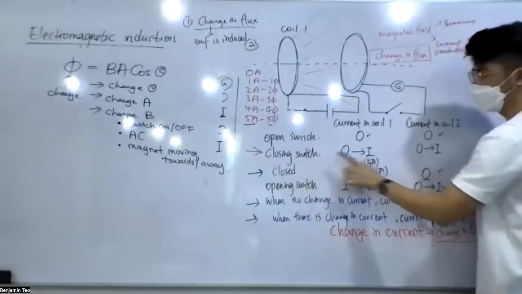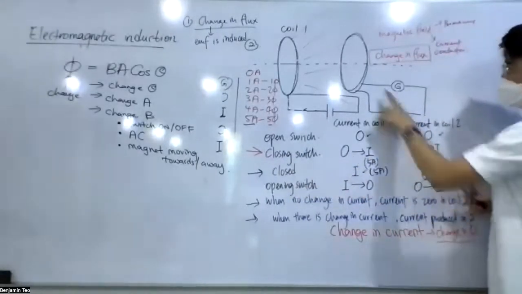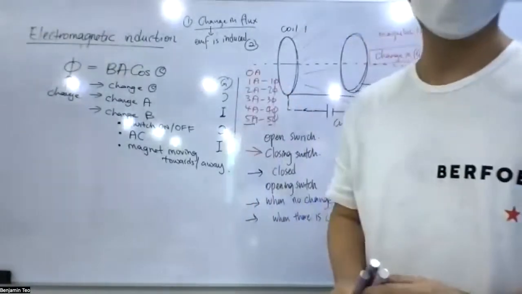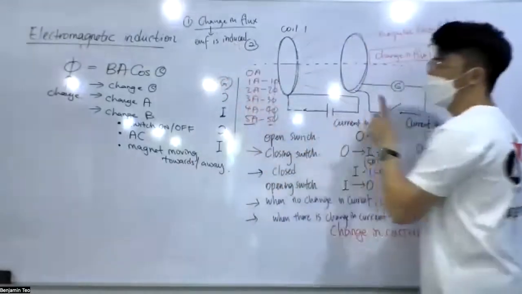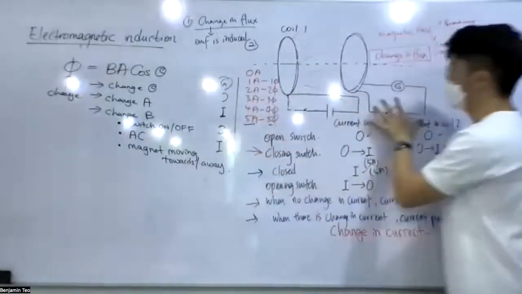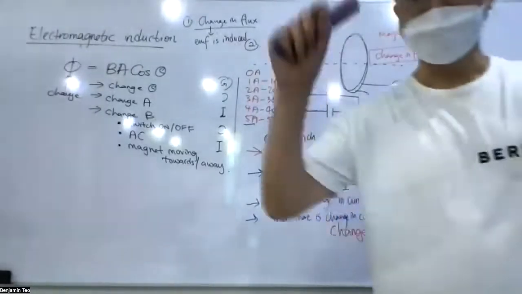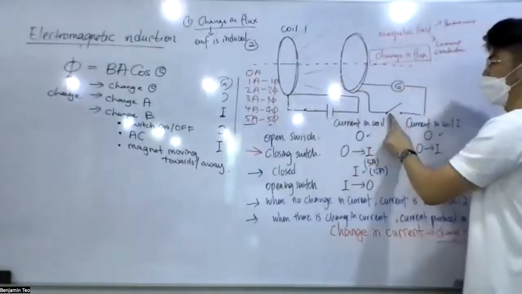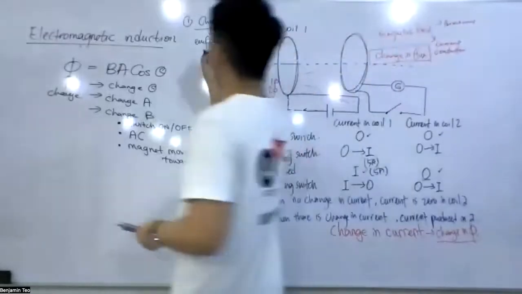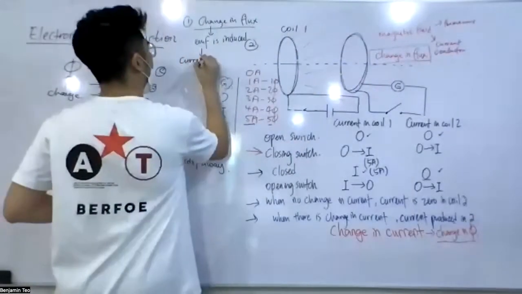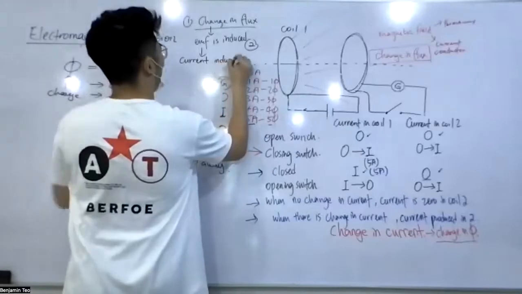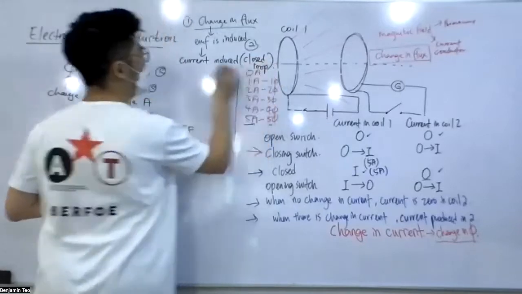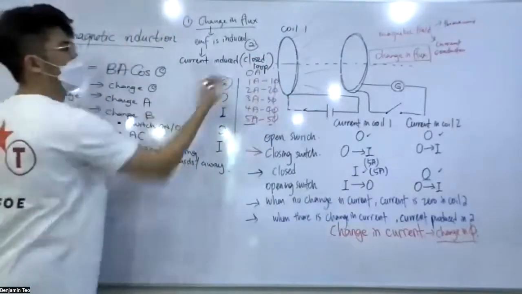When you close the switch, there's change in current, but still current is not produced in this circuit because you have an open circuit. So it must be a closed circuit. EMF is induced doesn't necessarily mean current is induced if your circuit is an open circuit. Only when you close the circuit of the conductor that's placed in the magnetic field, when EMF is induced, then current is induced. So here, it must be a closed loop. If this is a closed loop, then current is induced.